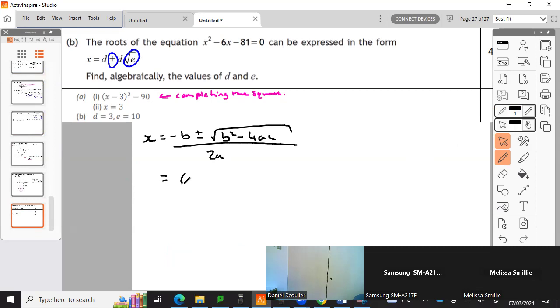So negative b is 6 plus or minus the root of 6 squared minus 4 times 1 times a big number, negative 81, over 2a, which is 2.